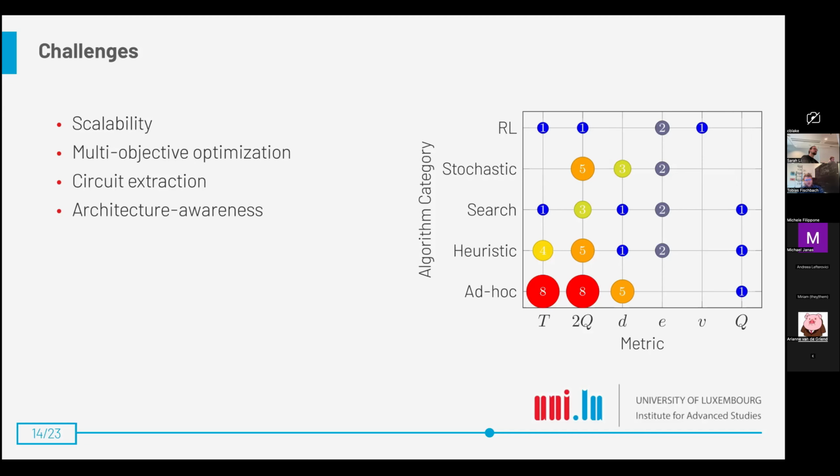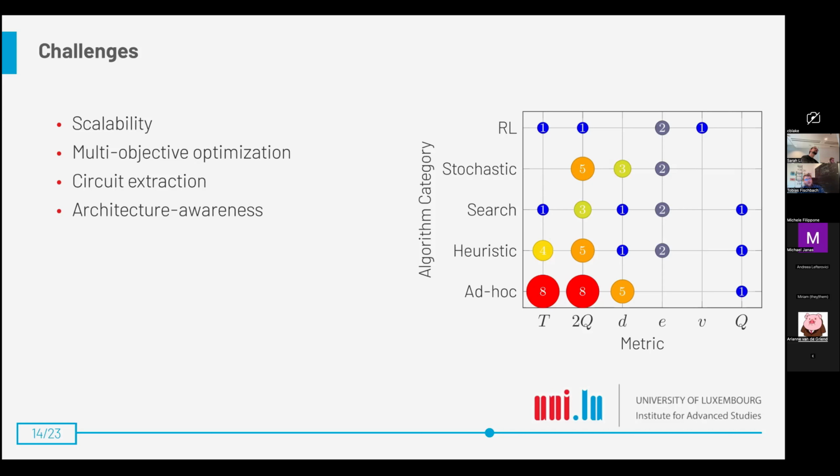The other thing I saw is that there is not a real multi-objective optimization approach. In general, you run full reduce and then you find some cool method to optimize your edge count or your two-qubit gate count, or you run full reduce and then you do some cool things with circuit extraction. But a truly multi-objective approach where multiple metrics are balanced, I didn't see.